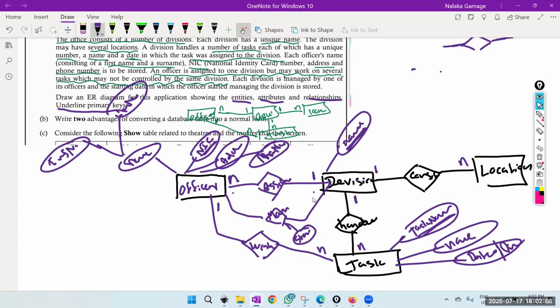Hopefully an officer can manage multiple divisions at different times, and a division can have different officers at different times. That is why start date is there. Usually when you have an attribute here, it is many to many.